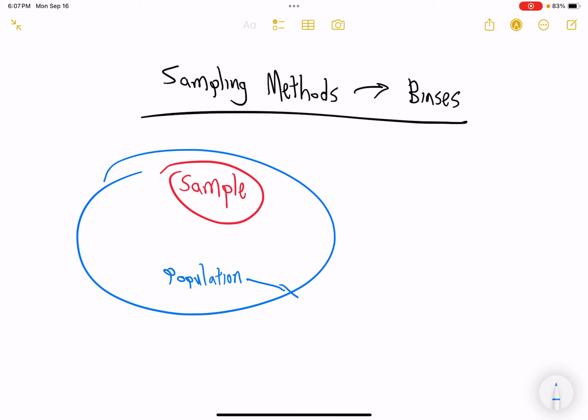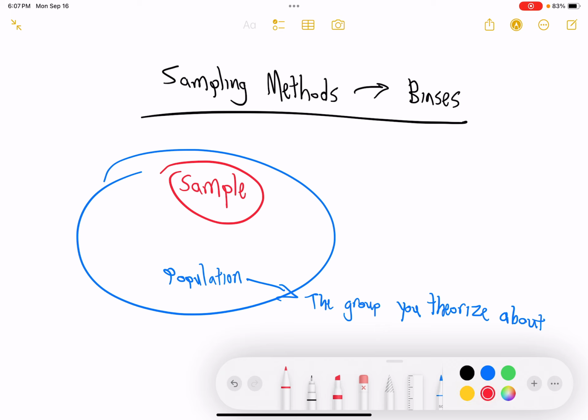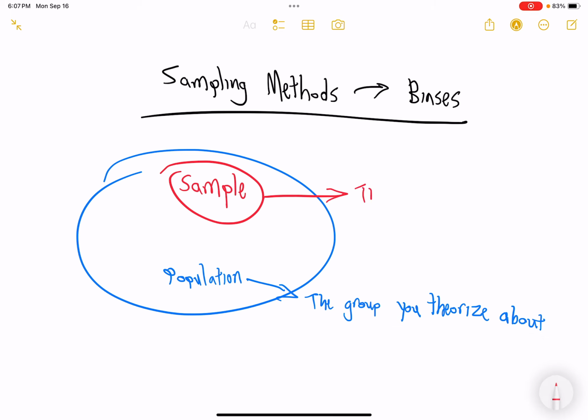So the big key here is the population is the group you theorize about, right? They're the group of interest. On the other hand, your sample is the actual group you study.